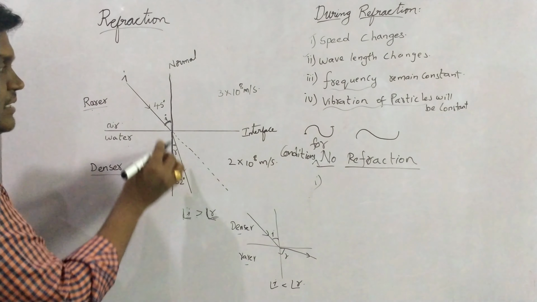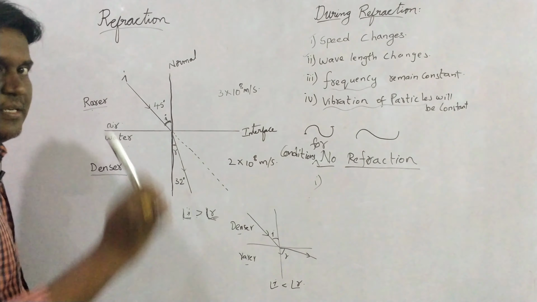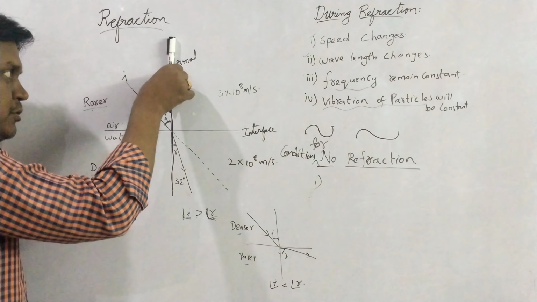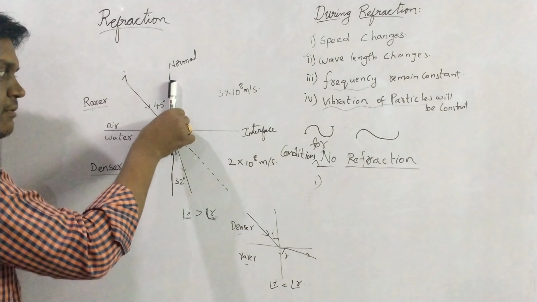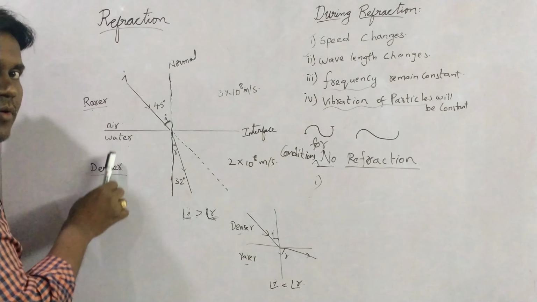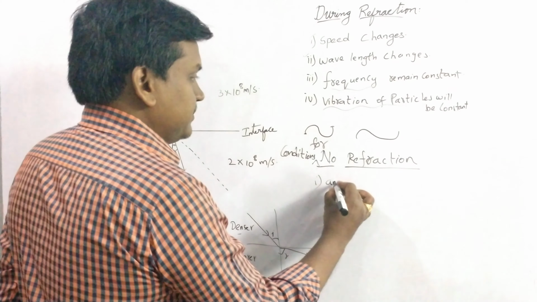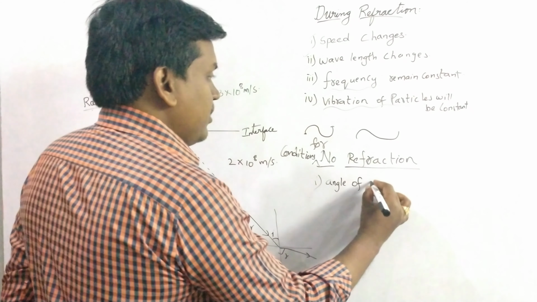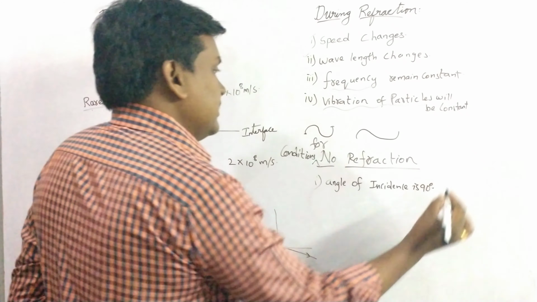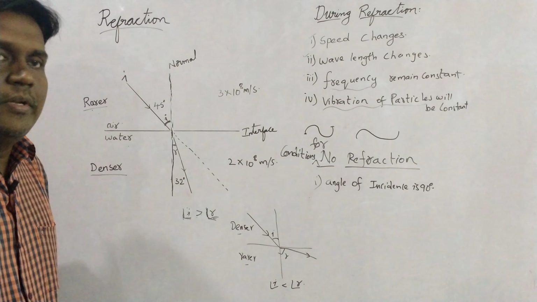If the light ray is incident away from the normal, making some angle to the normal, then refraction takes place. If the light ray is incident along the normal, then it won't deviate, it will go straight, whether it is air to glass or air to water. That means when the angle of incidence is 90 degrees, there will be no refraction. When the angle of incidence is 90 degrees, there will be no refraction.